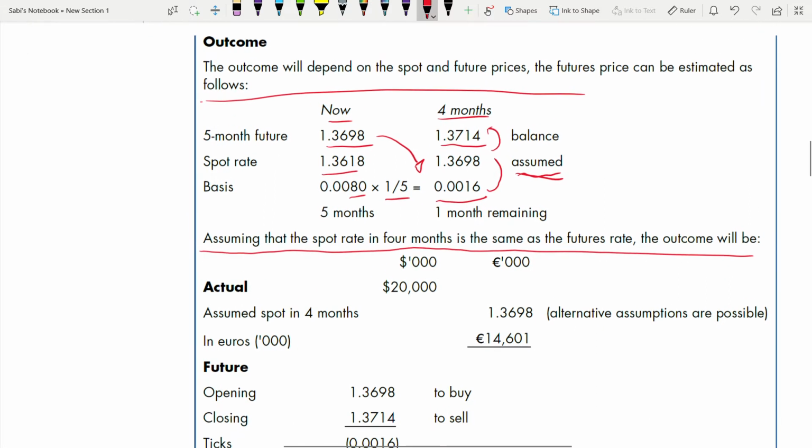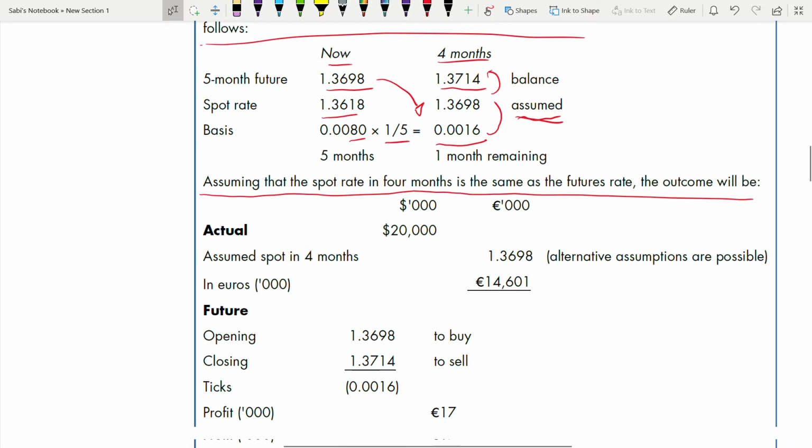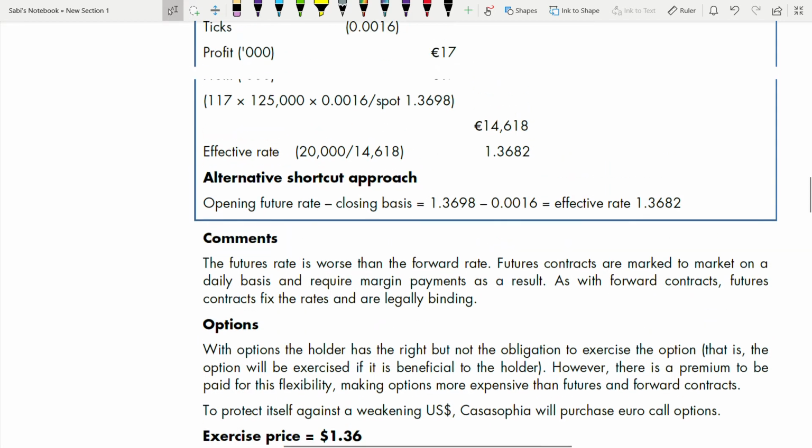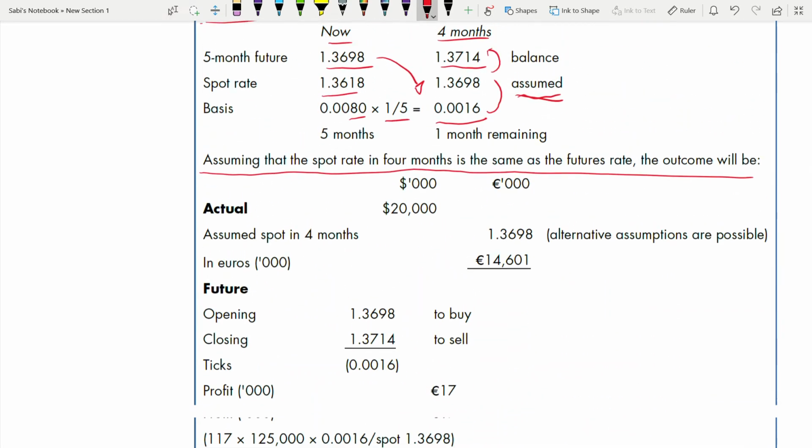Now, based on that, we are assuming what is actually happening in the spot market. That and the future together, we want to calculate our net outcome under the future. Even for options you have to do the actual, the spot market and the options. This is in thousands.